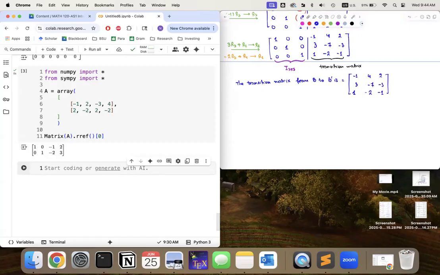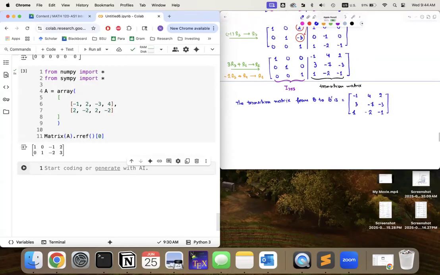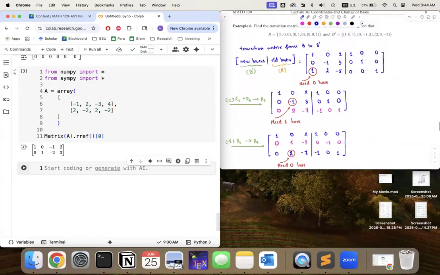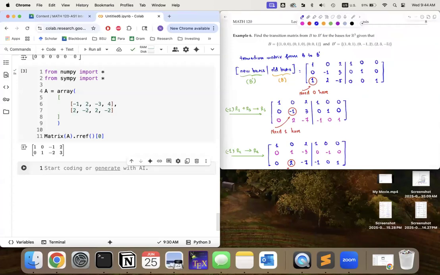So instead of doing this by hand, let's enter the information of the augmented matrix into the code to see if we get the correct answer, or a similar answer. Let me modify this code. The first row should be 1 0 2, then 1 0 0.